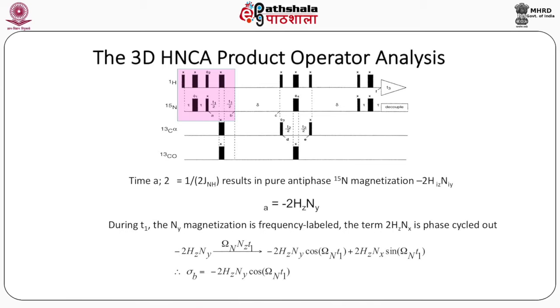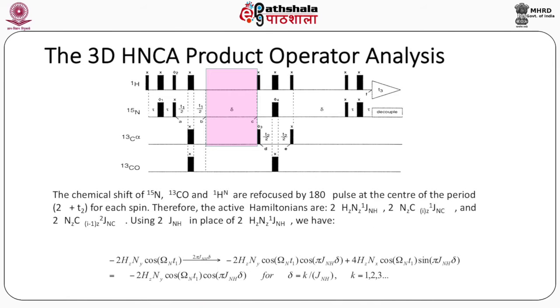So, we have 2HzNy under omega n Nz T1, and we get minus 2HzNy cos omega n T1 plus 2HzNx sin omega n T1. Therefore, sigma B is equal to minus 2Hz Ny cos omega n T1. Sigma B is the density operator at the position B in the pulse sequence.